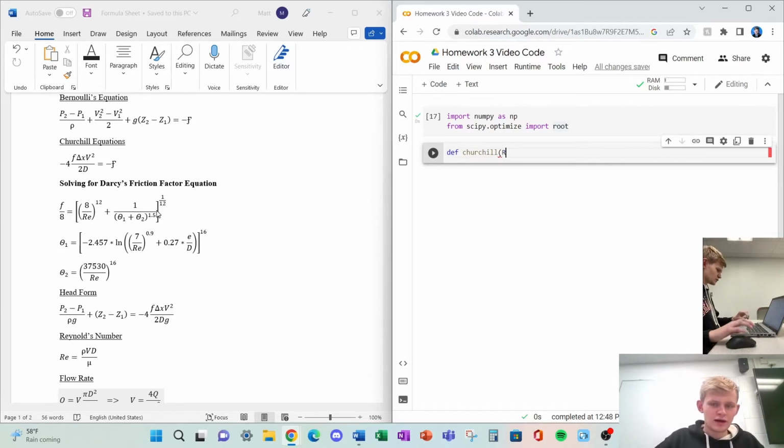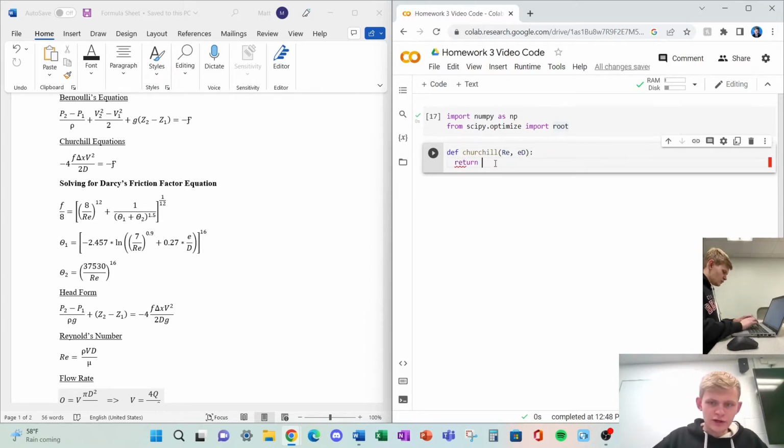We're going to need our Reynolds number, and we also need our surface roughness, which is just going to be E over D. But since we can't put mathematical symbols into a function argument, we're just going to call it E capital D.